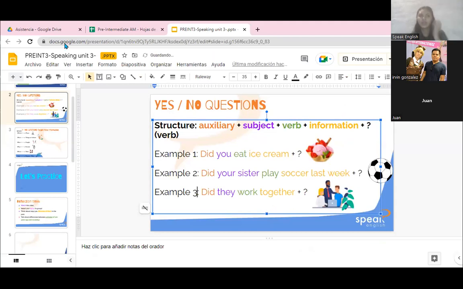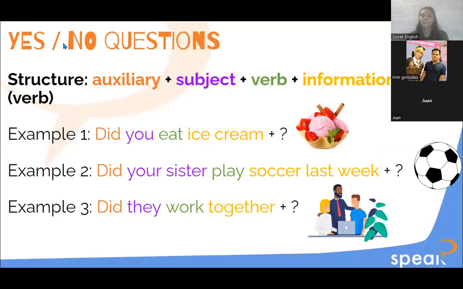Why do we use yes or no questions? In this case, did you eat ice cream? It's a yes or no. So we use it for short answers, just yes or no. Okay, excellent.